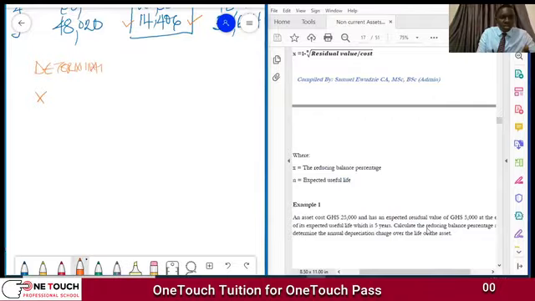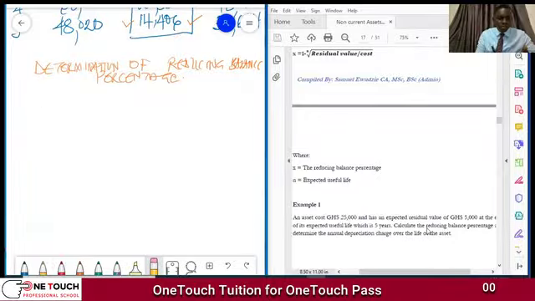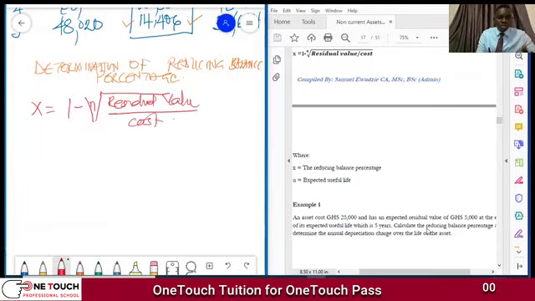Determination of reducing balance percentage. Okay, so we have X is equal to 1 minus the nth root of residual value over cost.